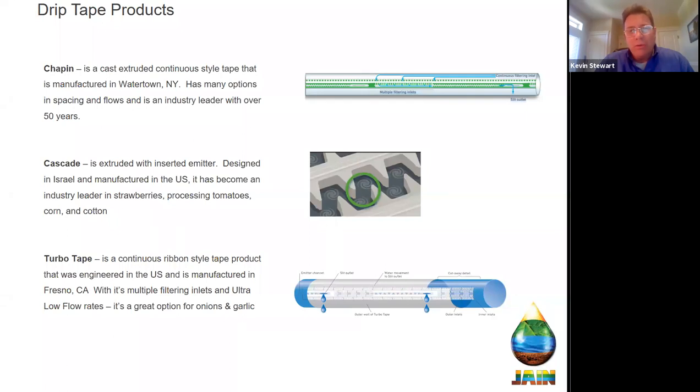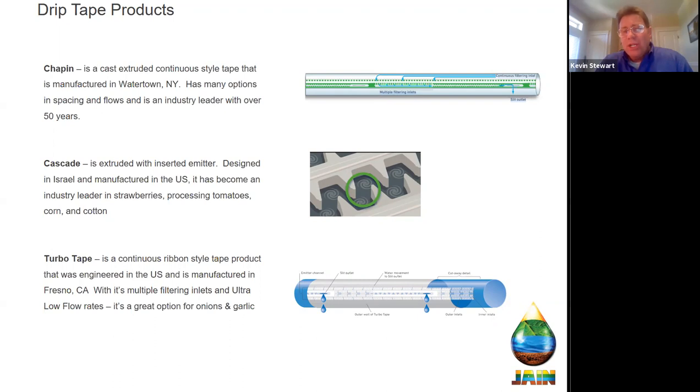We have a number of growers that have used 6 mil product of somebody else's, and we've tested some of our 5 mil, and they have said, listen, this 5 mil works just as good as a 6 mil, and I see no difference other than a savings. And so it's been a workhorse, and a great product for us over the years.